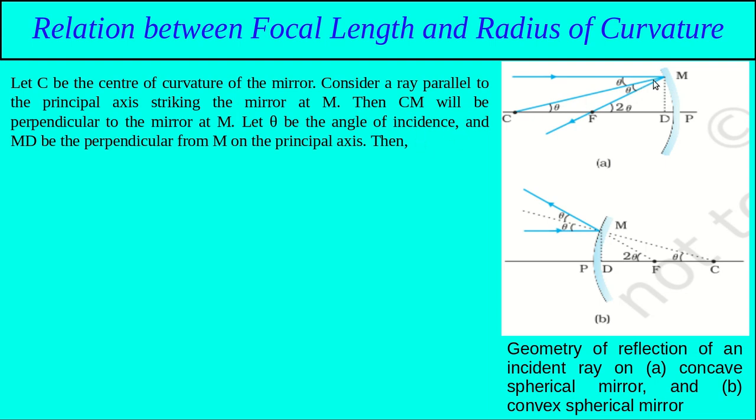Then CM will be the perpendicular to the mirror at M. Let theta be the angle of incidence, and MD be the perpendicular from M on the principal axis. Then angle MCP is also equal to theta, and angle MFP will come out to be 2 theta.